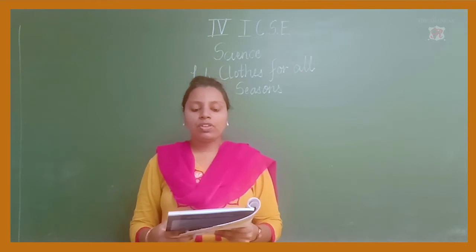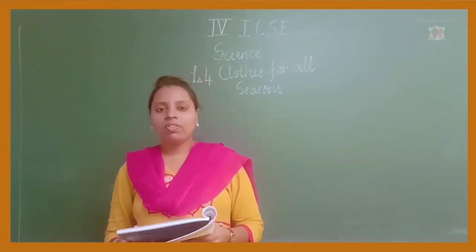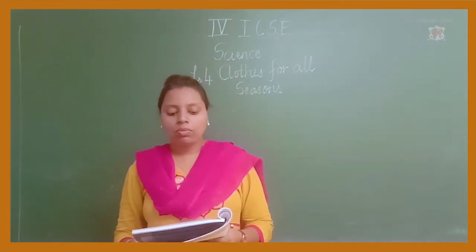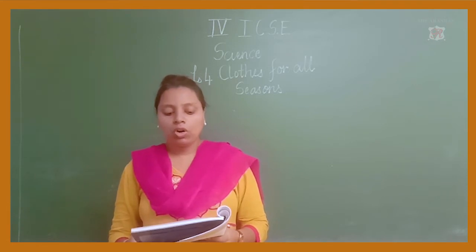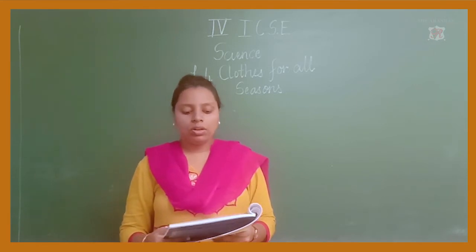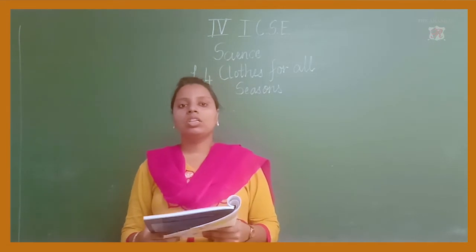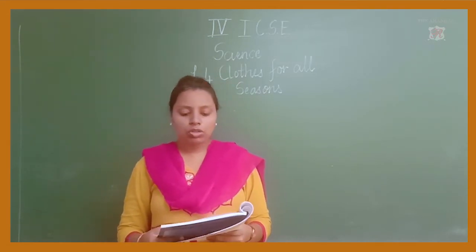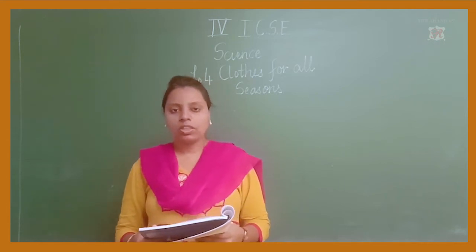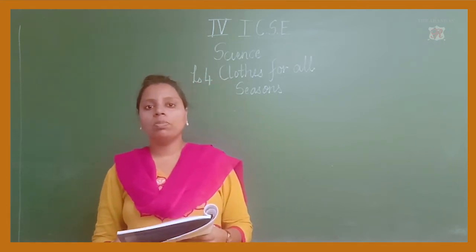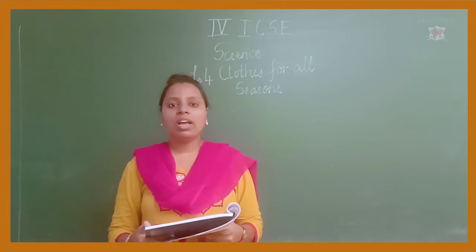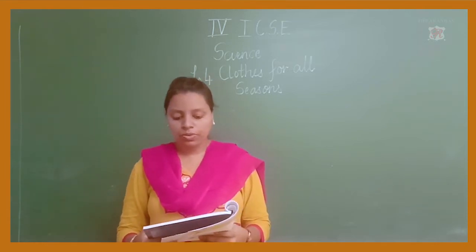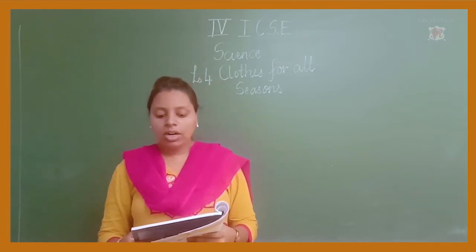So from the cotton plant we get cotton, and from the hair of the sheep or camel we get wool. Wool is used to make woolen clothes and cotton is used to make cotton clothes. From the cotton plant they make thread, they weave and they make cotton clothes.